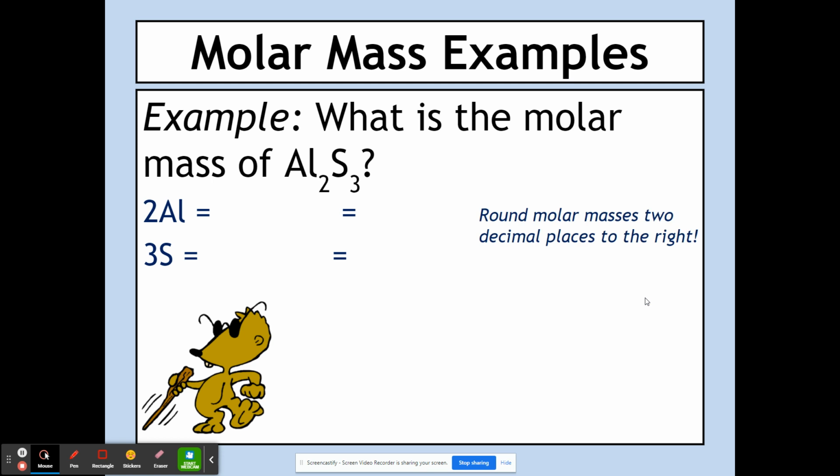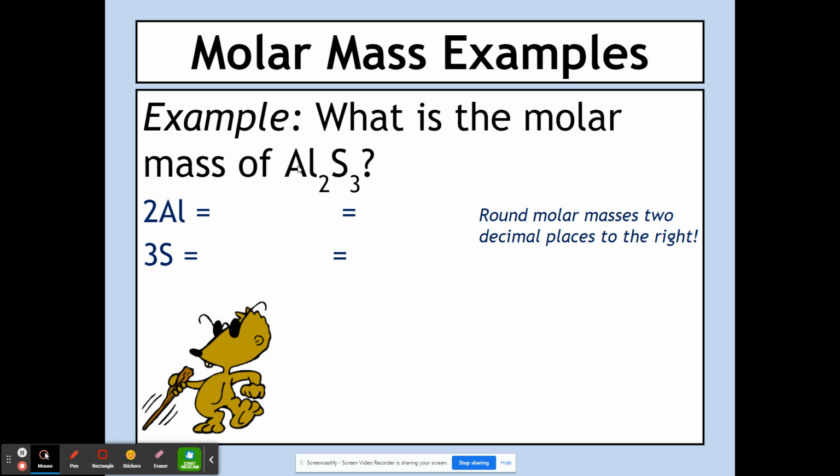So far, we have spoken about just elements. But what happens if you have a molecular compound or a molecule? We have to calculate the molar mass of every compound.